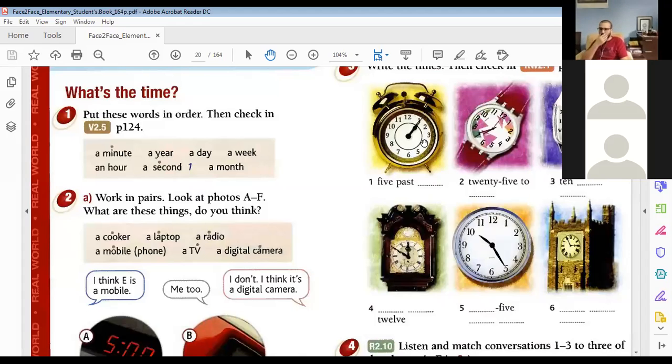But we can also use to and past. If it's after o'clock, we say past. So we say 5 past 1, 10 past 1, quarter past 1, 20 past 1, 25 past 1, and half past 1.